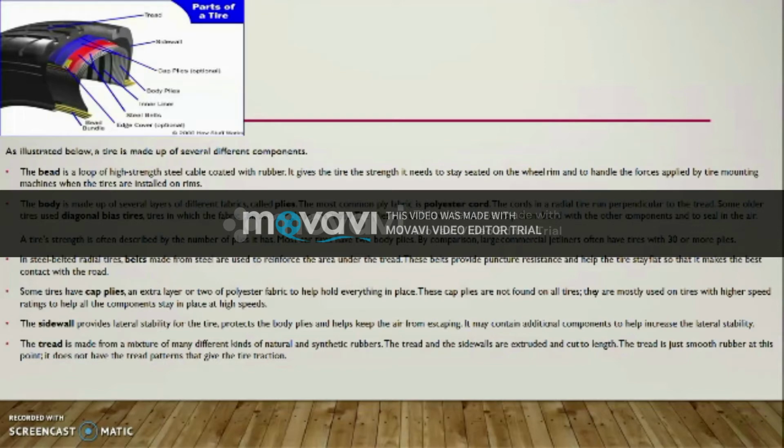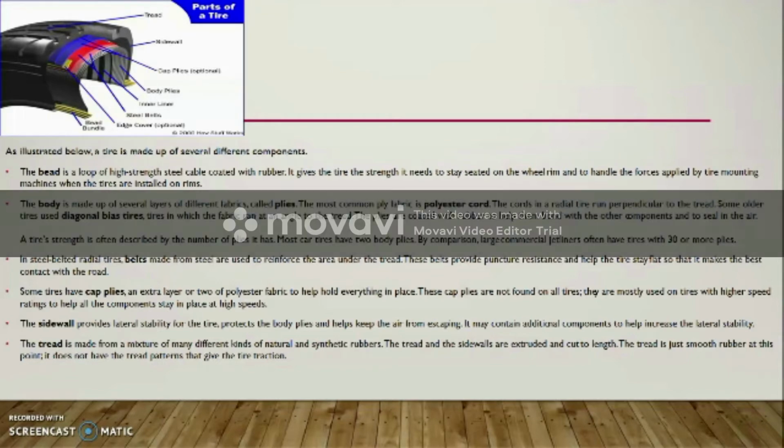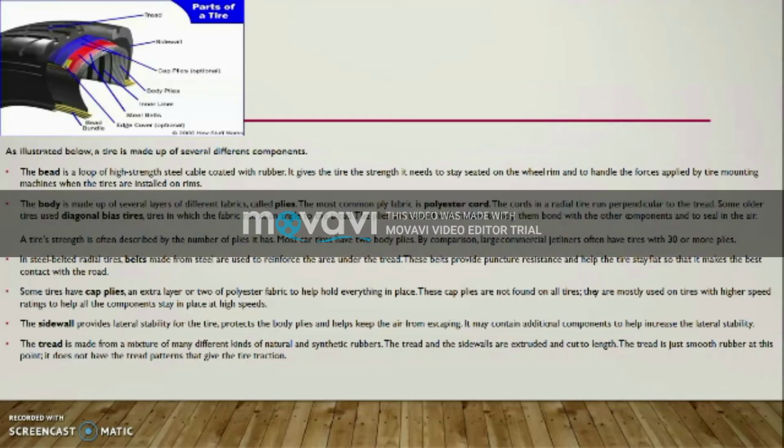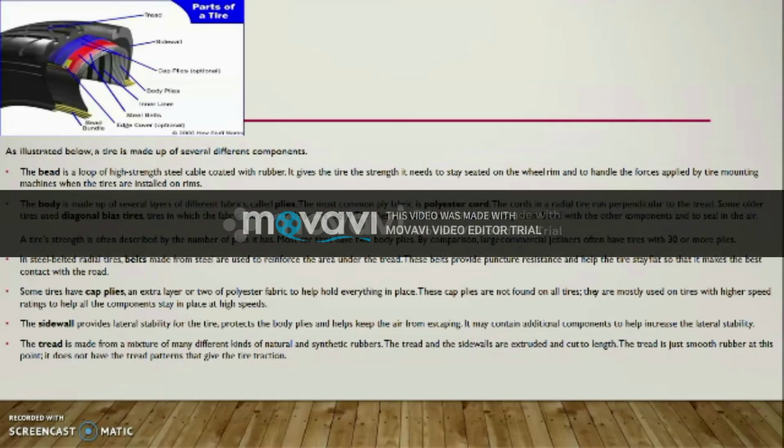The plies are coated with rubber to help them bond with other components and to seal in the air. A tire's strength is often described by the number of plies it has. Most car tires have two body plies, while large commercial jetliner tires often have 30 or more plies.